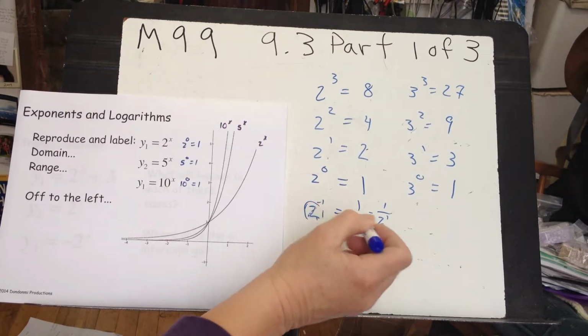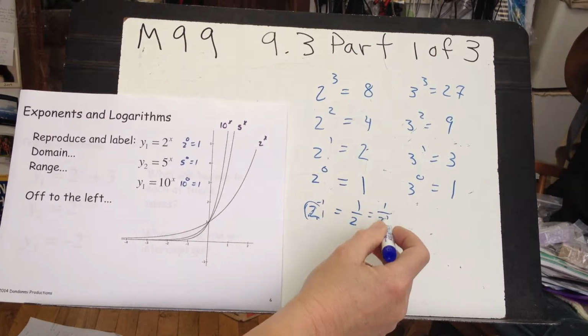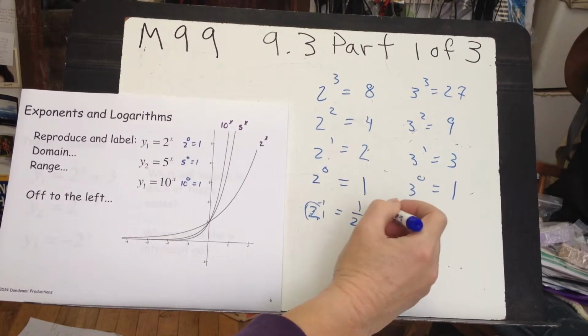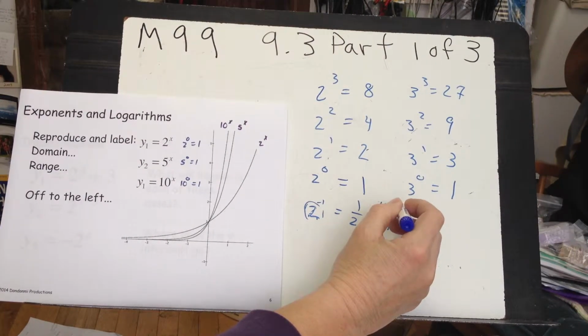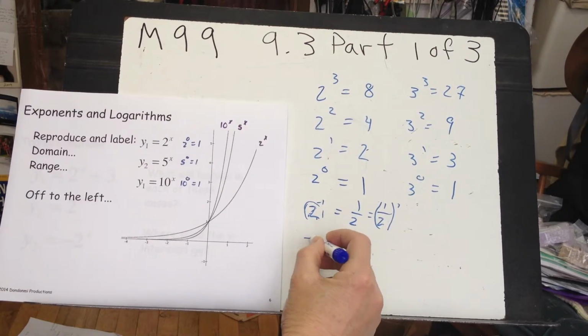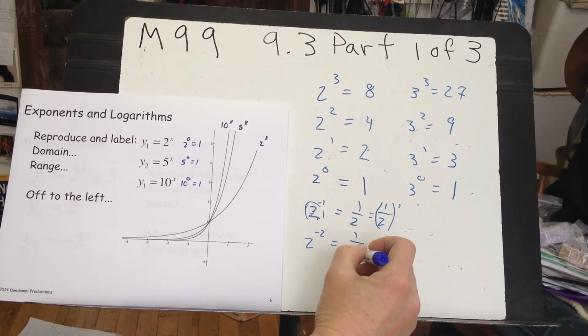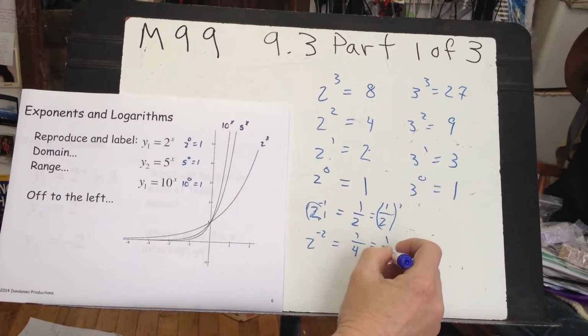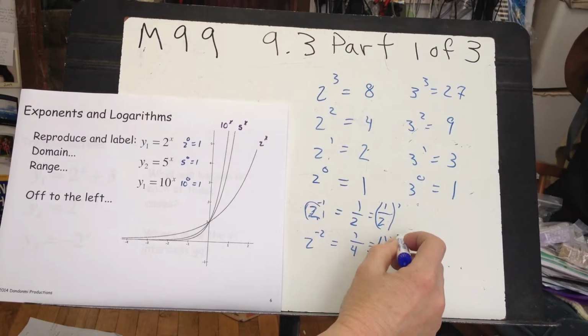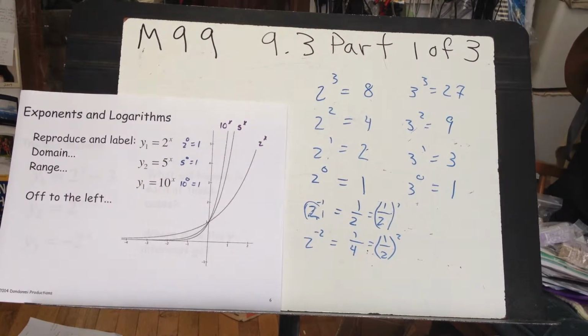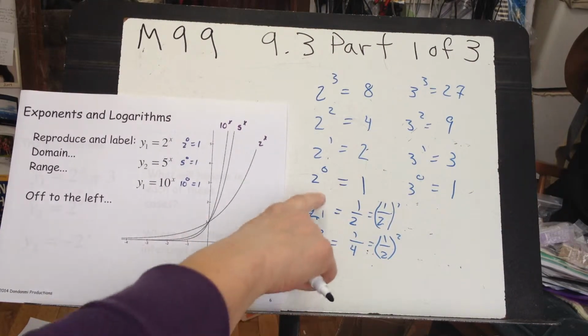The reciprocal of 2 is 1/2, raised to the 2nd power. So 2 to the negative 2nd power is 1 over 4, which is 1 over 2 squared. So you can have negative exponents.